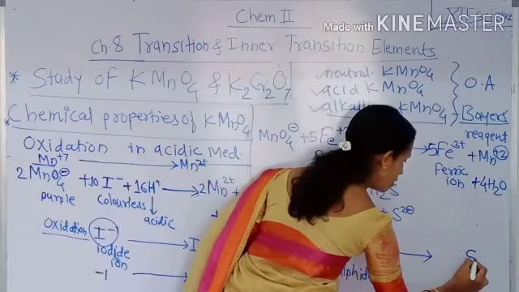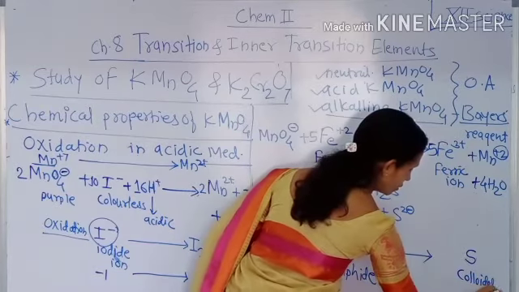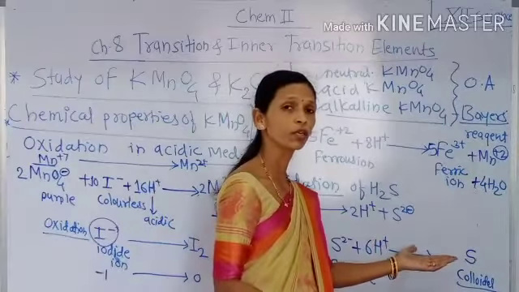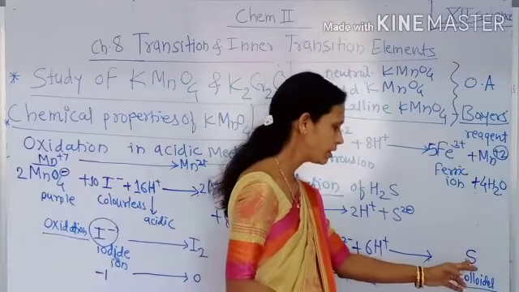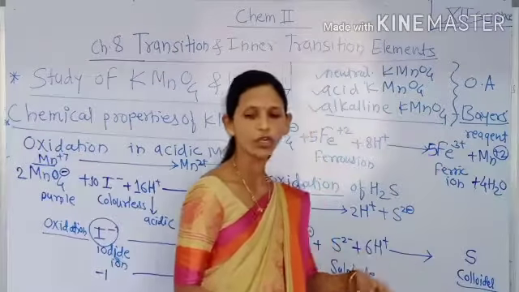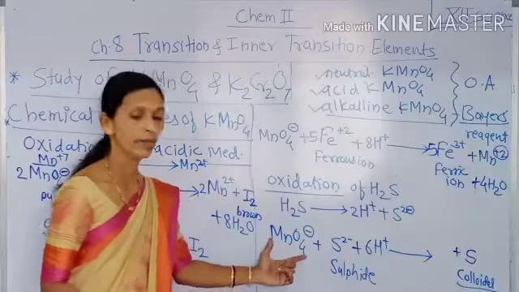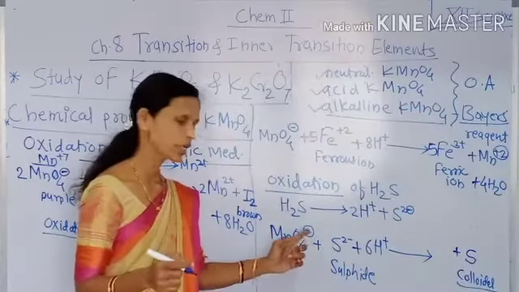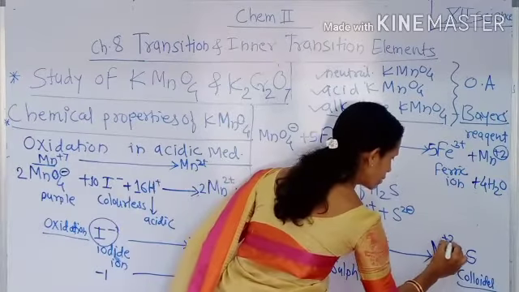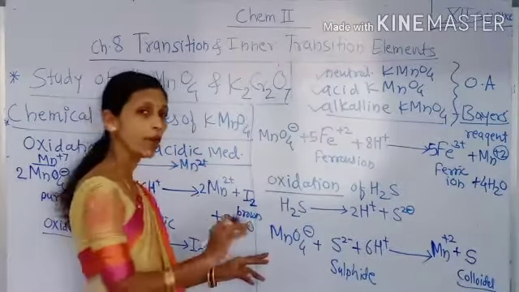That means colloidal sulfur is obtained here. Colloidal solutions, all of you are aware of that. In 11th standard, you studied colloidal solutions and colloids. Therefore, here colloidal sulfur is obtained, with sulfur in its molecular form, with the conversion of the MnO4 minus ion, that is the permanganate ion, into the Mn2 plus ion.